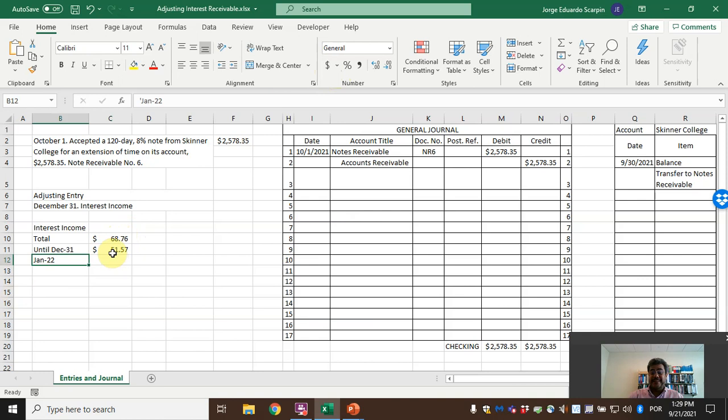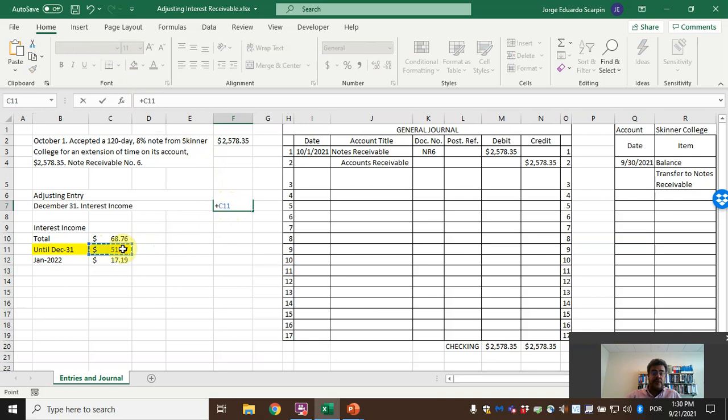See how cool it is? If you add a single quote, you can type it and Excel will assume it is text. So January 2022, it is the remaining. So it is the 17. So now we are recognizing this one until December 31st. So our interest income here is $50.51.